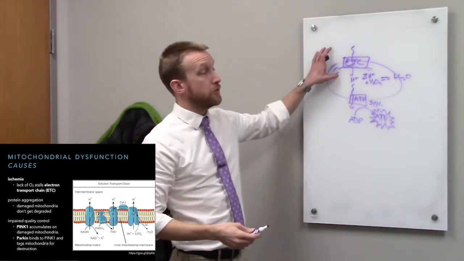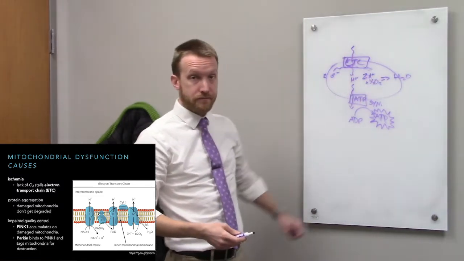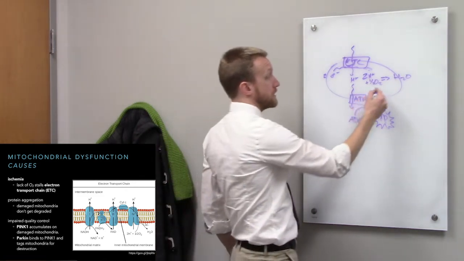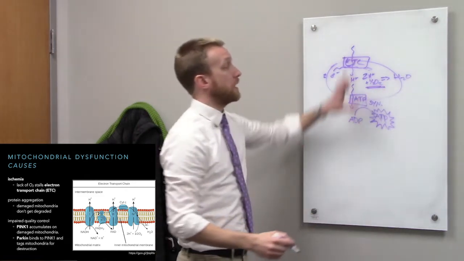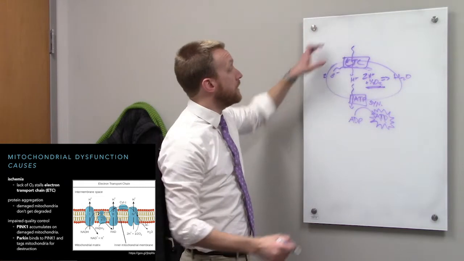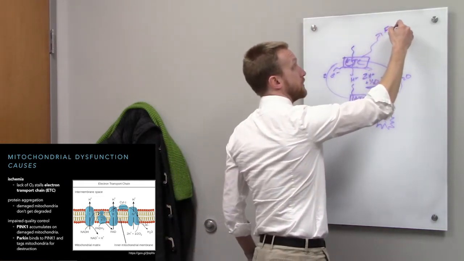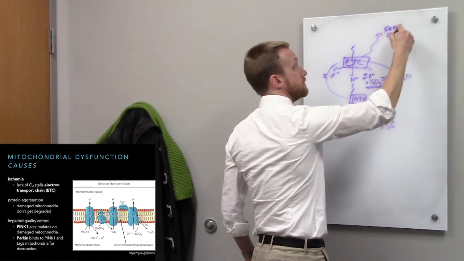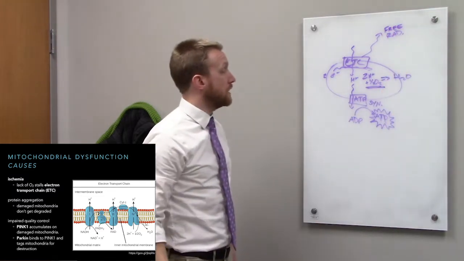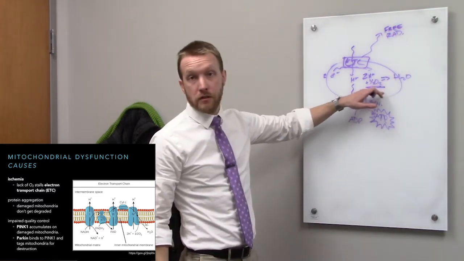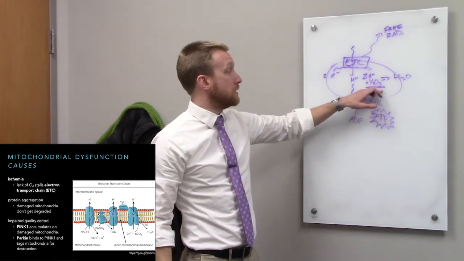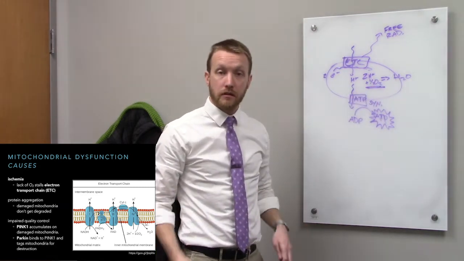If electrons can't move through the electron transport chain, either because we don't have an acceptor or because we've had mitochondrial damage, then the electrons flow out of the electron transport chain and make free radicals. We might run out of oxygen if we experience ischemia, for example.